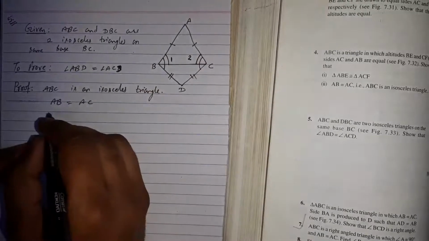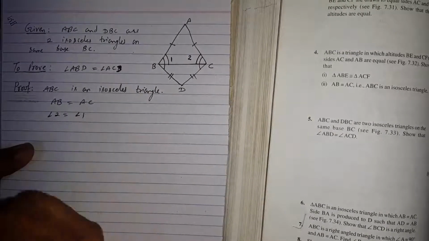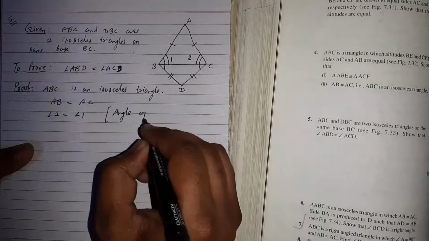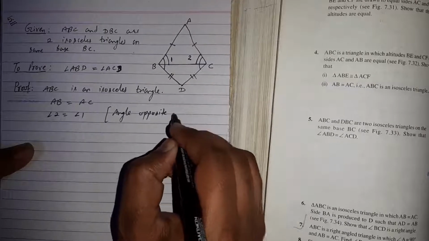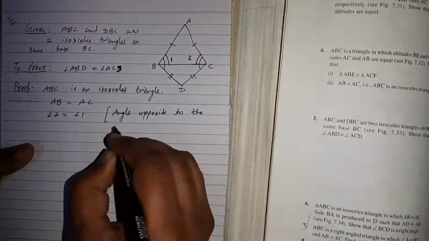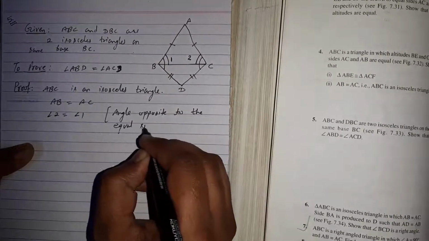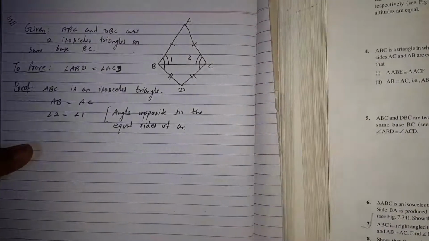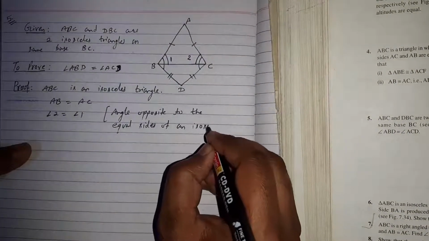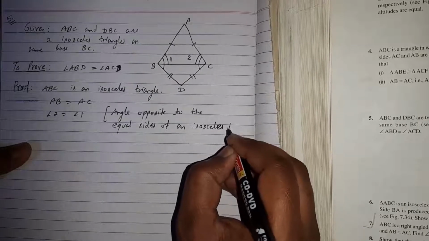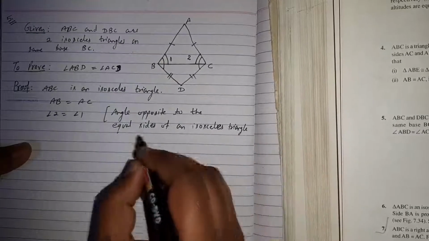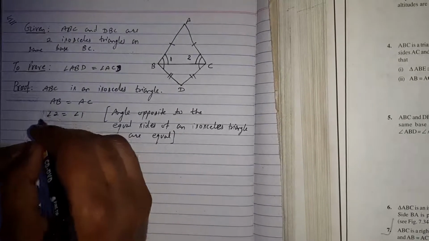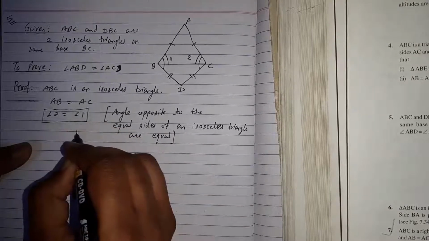So angle 2 is equal to angle 1. This is equation number 1.